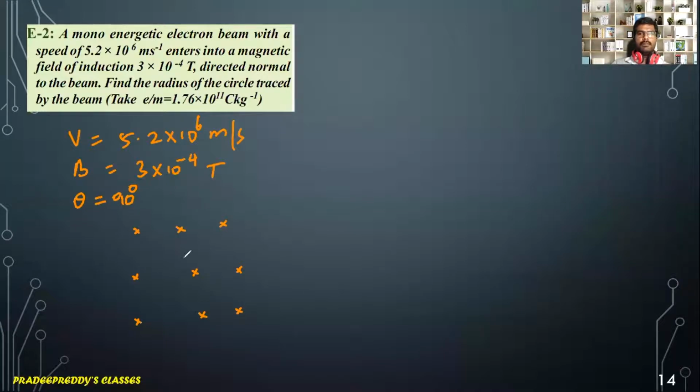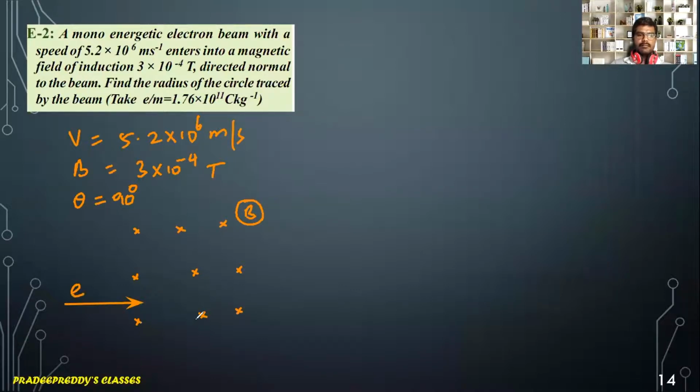Now, in this problem, there is a magnetic field B. I am considering that the magnetic field is into the screen. When a charged particle, which is an electron here, enters this magnetic field, it is mentioned to be a monoenergetic electron beam.